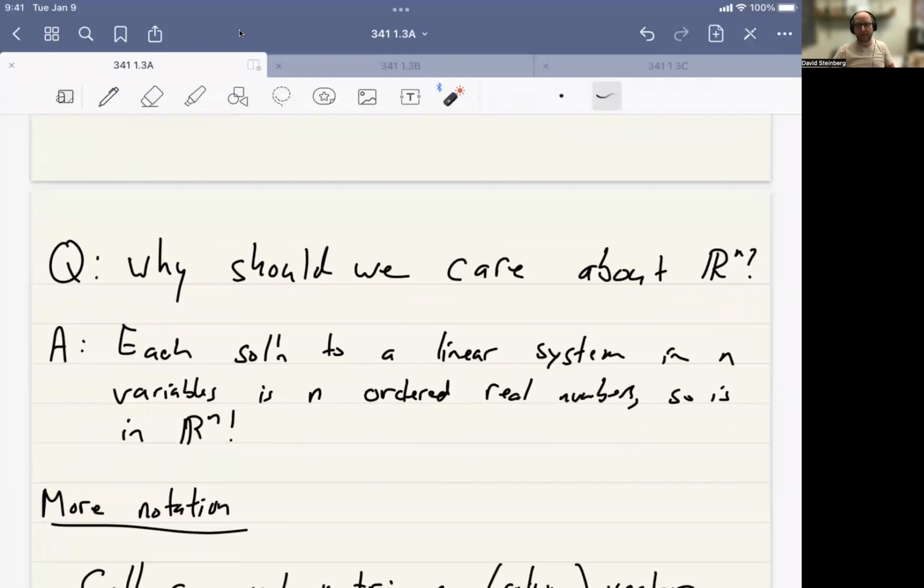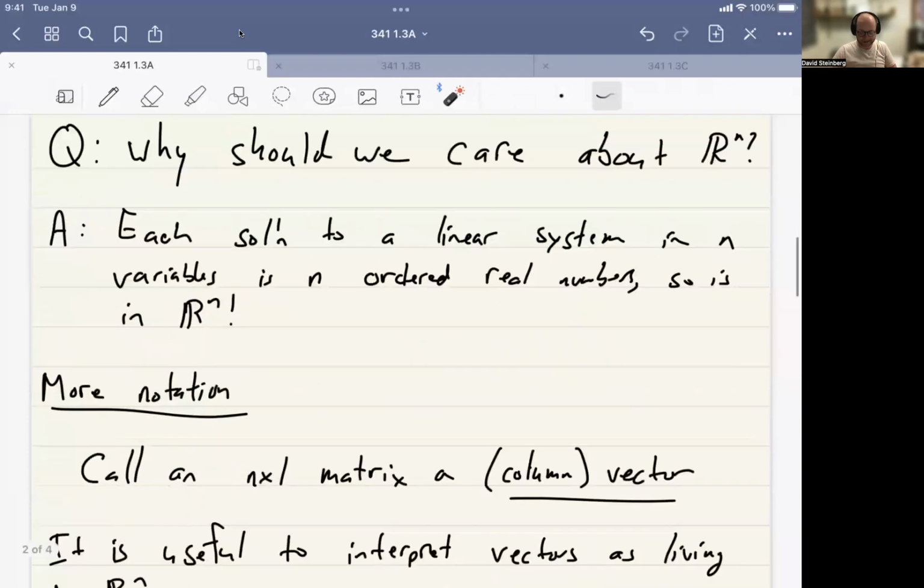So we want some place for our solutions to linear systems to live, and they're going to live in Rn for some number n, R10, R5000, something. Okay, good. We should always be asking, why do I care? Even if it sounds rude, it's not, I promise.